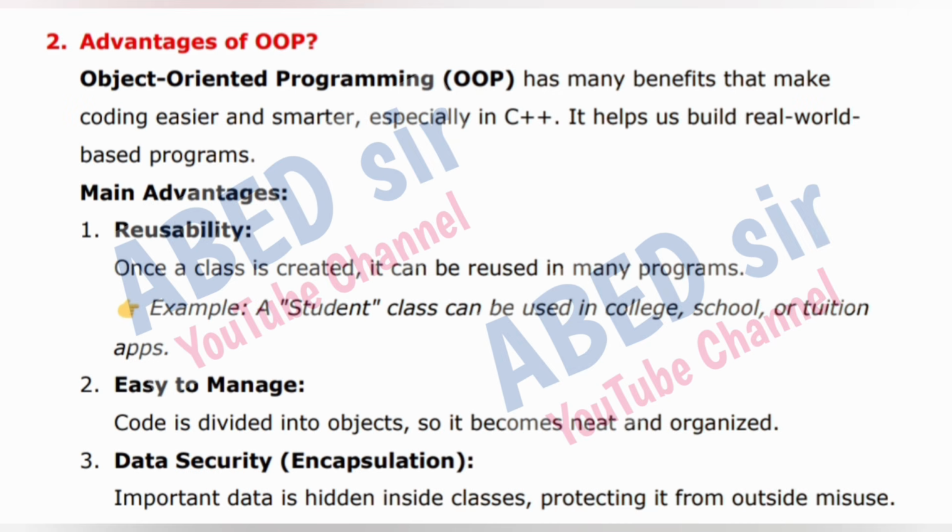Example: a student class can be used in college, school, or tuition apps. 2. Easy to manage. Code is divided into objects, so it becomes neat and organized. 3. Data security, encapsulation. Important data is hidden inside classes, protecting it from outside misuse.